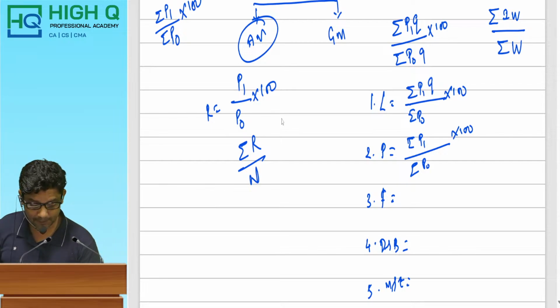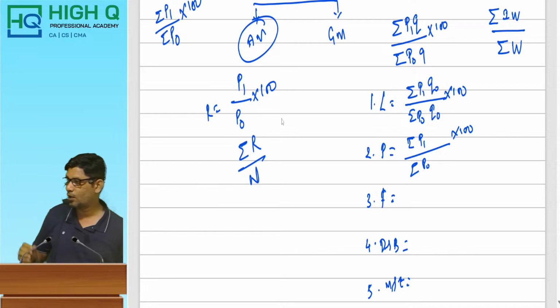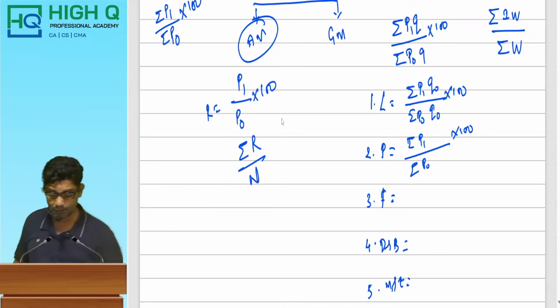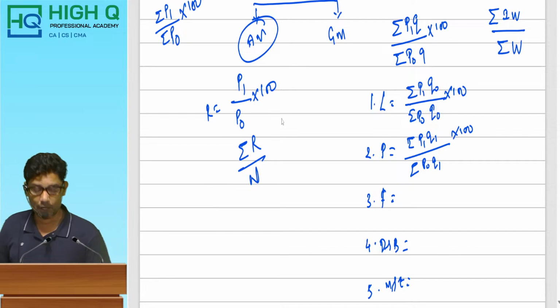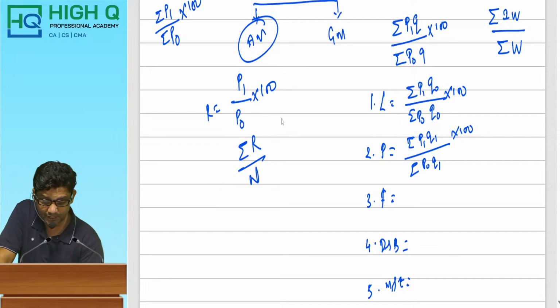When I multiply the base year quantity in both numerator and denominator, we call it Laspeyres'. In Paasche's, we multiply and divide by the current year quantity. Then Fisher's is nothing but the geometric mean of Laspeyres' and Paasche's.